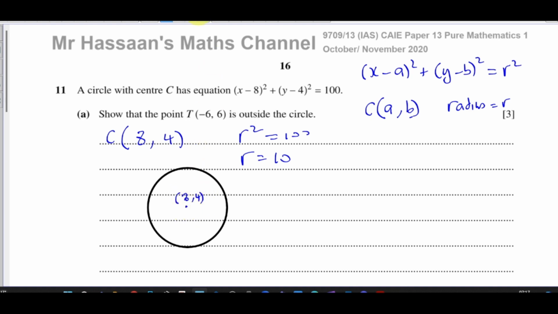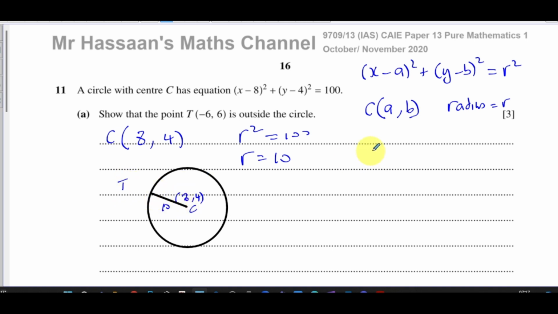So if T is somewhere where the distance between T and C is more than 10 units, because C is the center, if T is somewhere out here, then of course T will be outside of the circle.